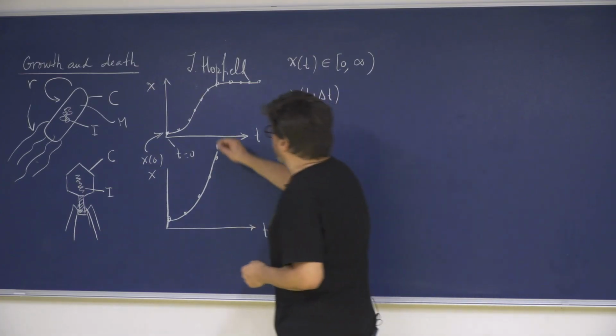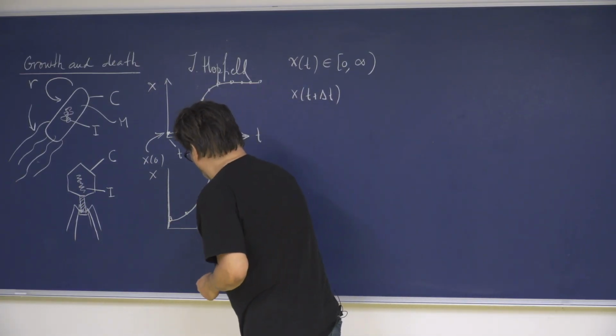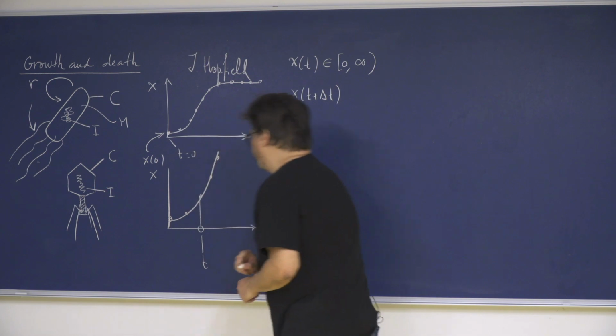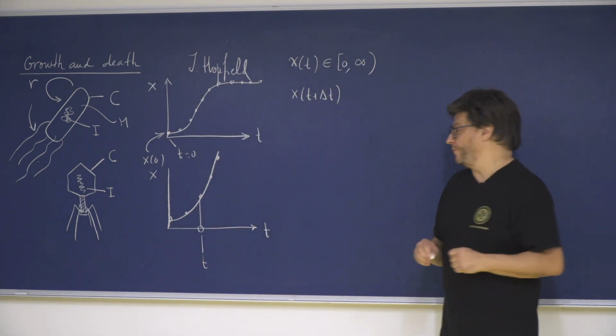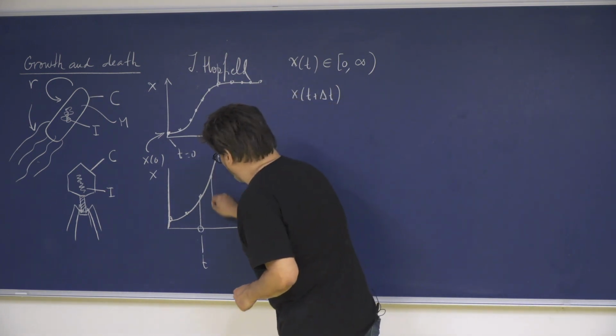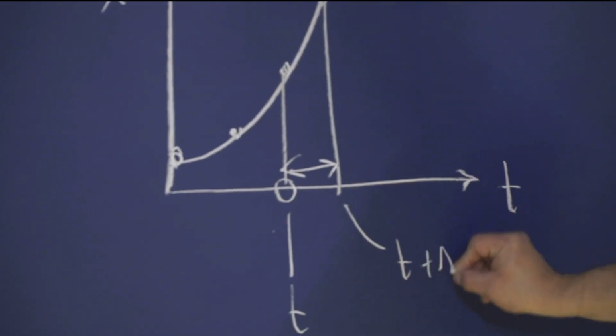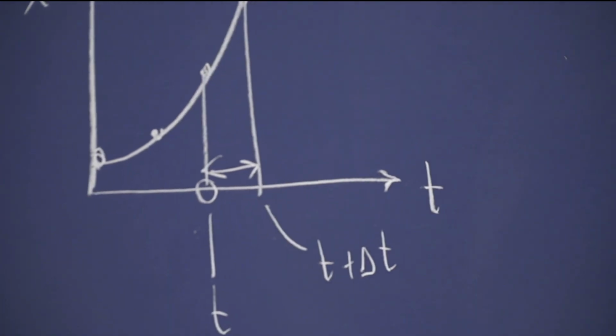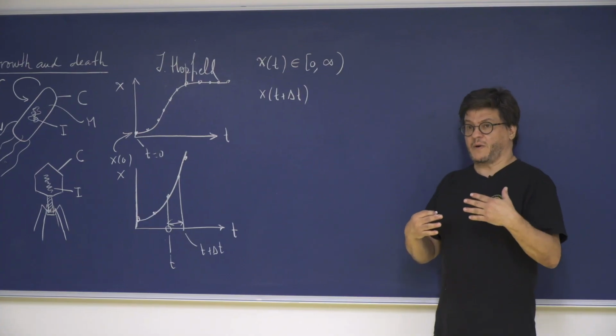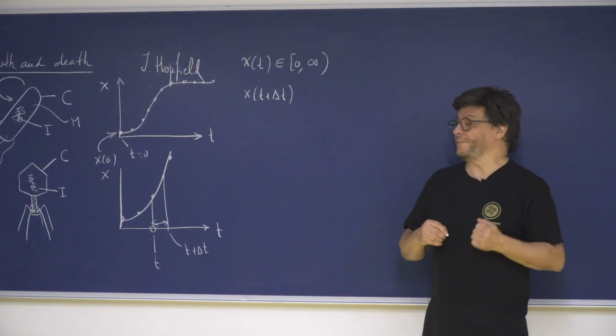So I take a time here, for example, or here. This is my time t, anytime. And I want to know after a given interval, so this will be t plus delta t, I want to know how much the population has been growing, all right?